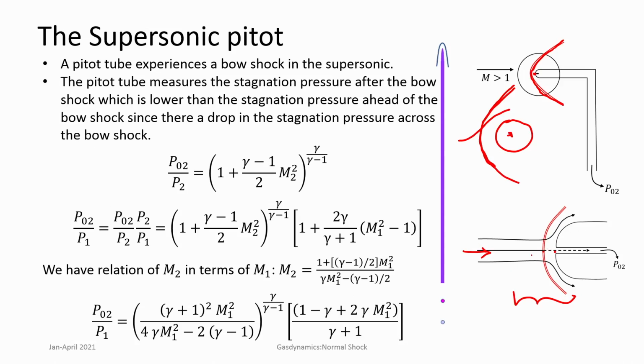So, one can apply the normal shock conditions across the shock, and the Pitot measures the stagnation pressure downstream of the shock wave. If you put a Pitot in a supersonic stream, it does not measure the stagnation pressure of the stream, rather it measures the stagnation pressure downstream of the shock. And by now it is very clear that stagnation pressure decreases across the shock. So, P02 is less than P01 and it is not the same as P01.